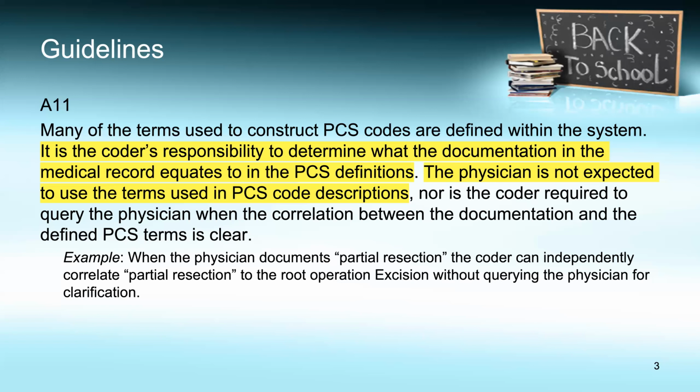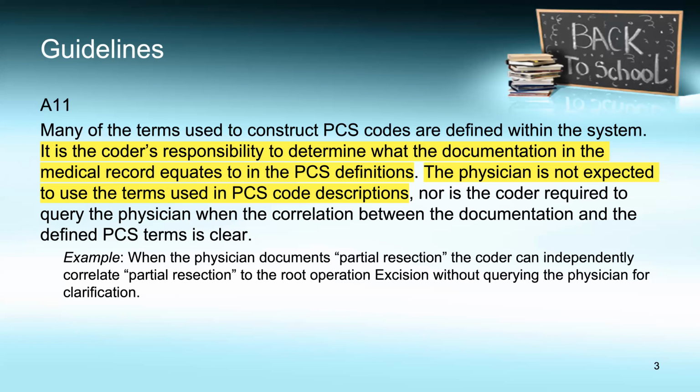The physician is not expected to use the terms used in PCS code descriptions, nor is the coder required to query the physician when the correlation between the documentation and defined PCS terms is clear.